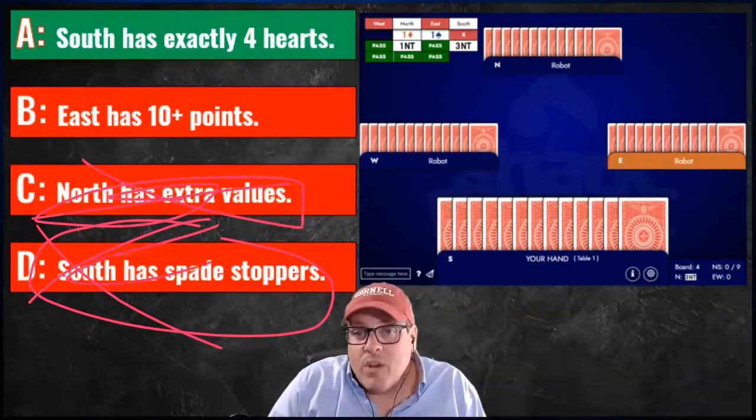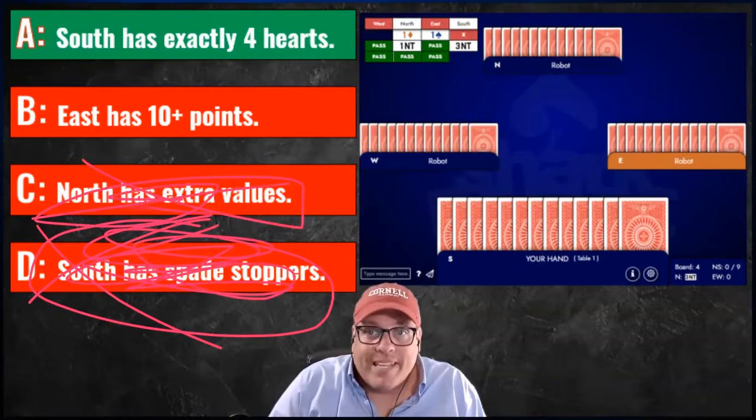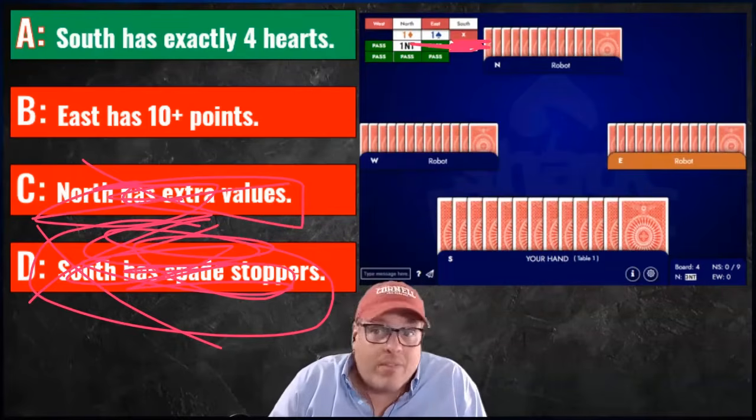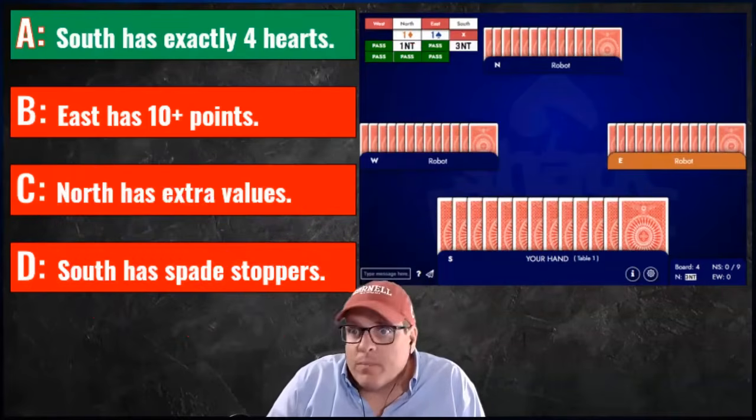The reason we know South has 4 hearts exactly is their second bid. When we see the initial double, we should understand that that double could certainly be 4 or more hearts, because what would they do with like an 8 count in a 5-card heart suit? They would double, right?